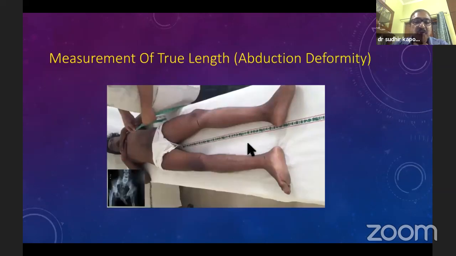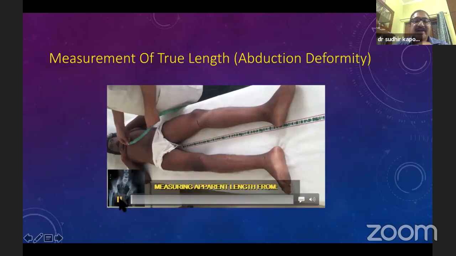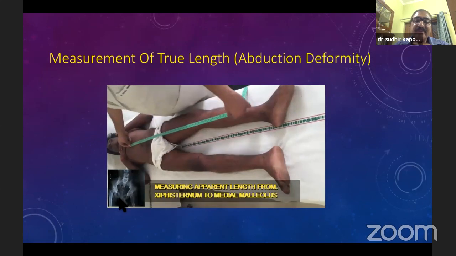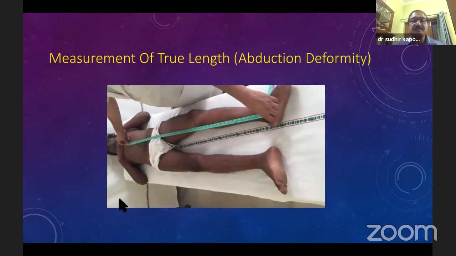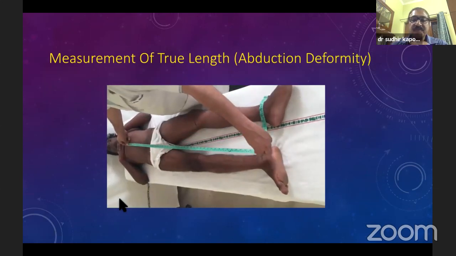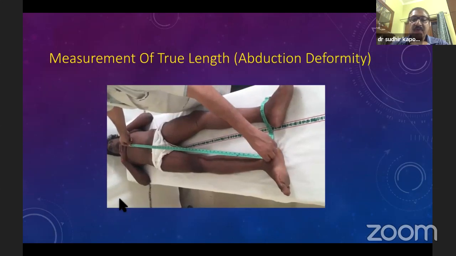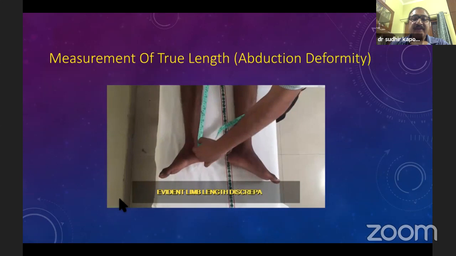Like in this patient, I'll show you one example only. In a case of abduction deformity, this is the apparent length. It is measured.